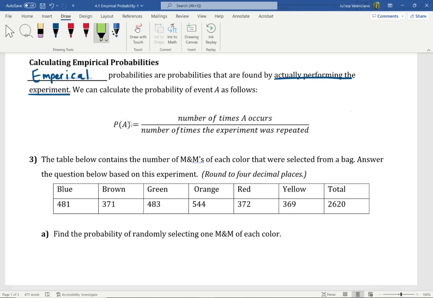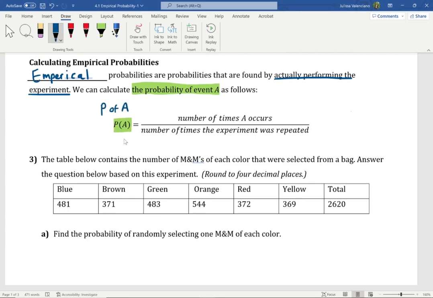One thing that I want to mention here is the notation that we're using here. Instead of writing the probability of event A, we are writing P of A. So that is how you can read this, P of A. Or you can also say the probability of A when you read this notation.